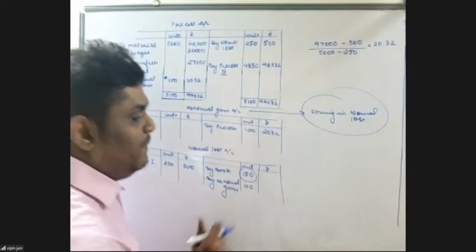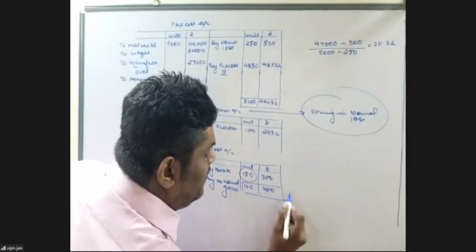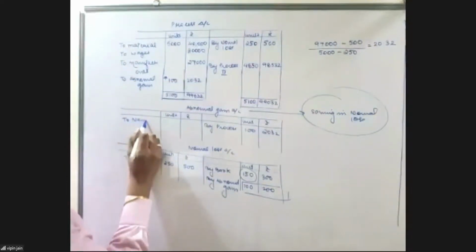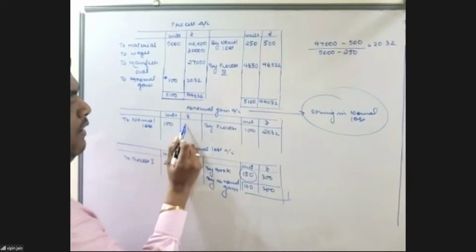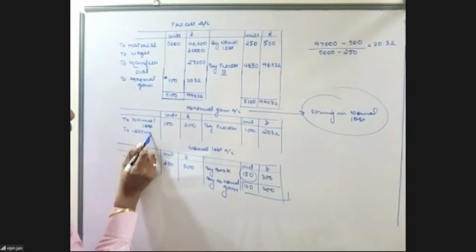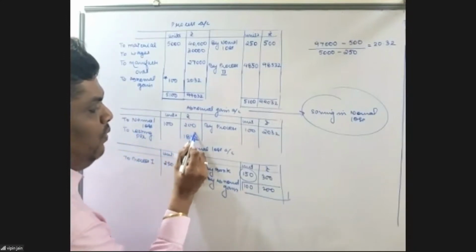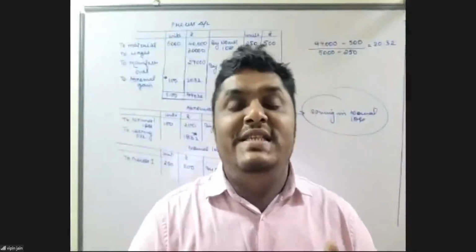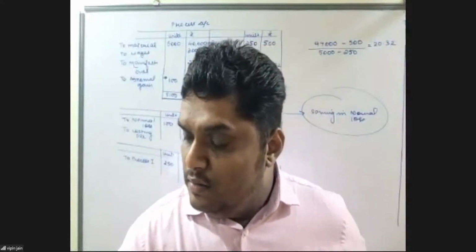So 300 and 200 will be adjusted in abnormal gain, to normal loss 100 units and 200, and the balance will be transferred to the costing period. So abnormal gain, we can say, is a saving in normal loss also. So waiting for your queries, guys.